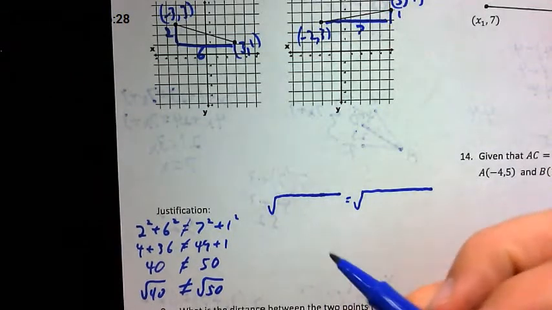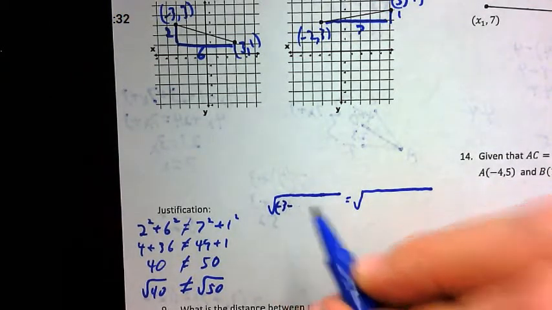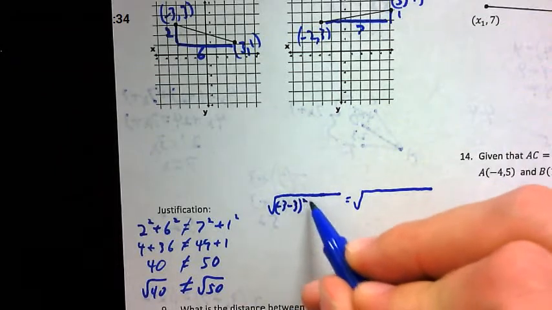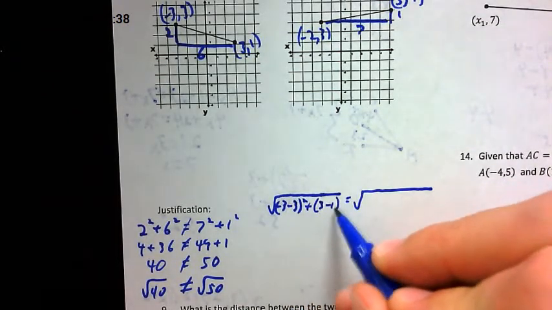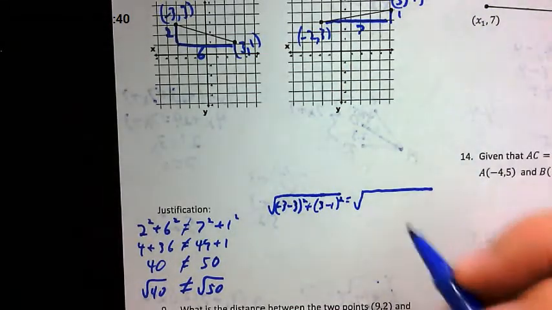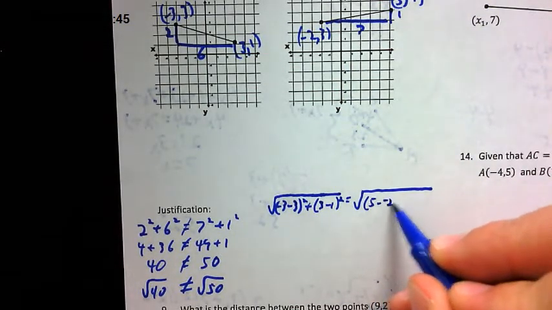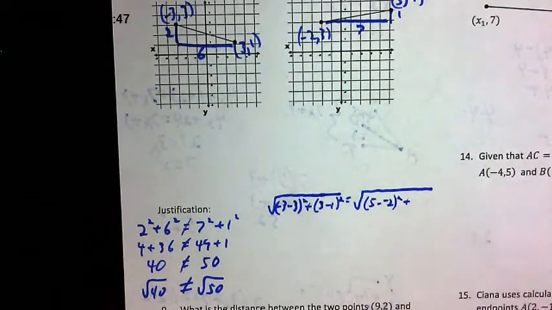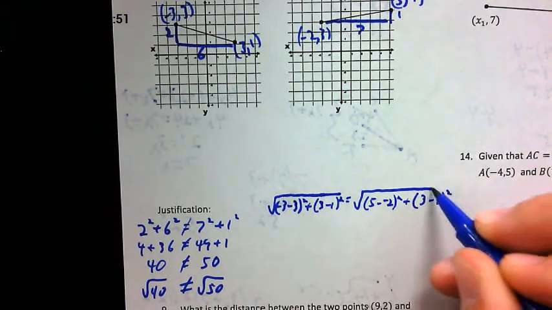So, distance formula. I have -3 minus 3 squared plus 3 minus 1 squared. On the other formula, same type of thing. 5 minus negative 2 squared plus 3 minus 4 squared.